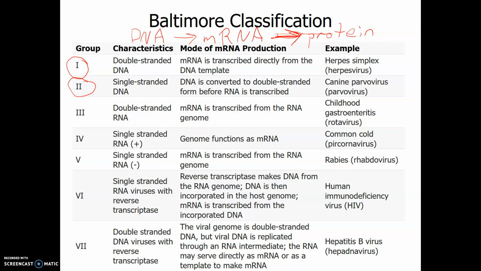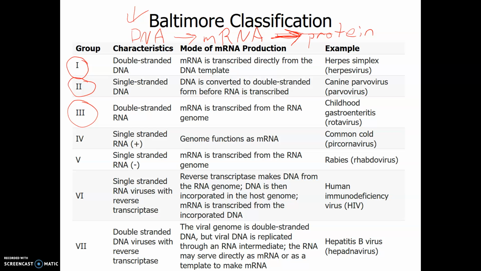And in group 3, the double-stranded RNA molecule is used to transcribe a messenger RNA, and then the messenger RNA is used to produce the protein. So the double-stranded RNA takes the place of the DNA in this step, and it produces a strand of messenger RNA, and then the messenger RNA codes for the protein.